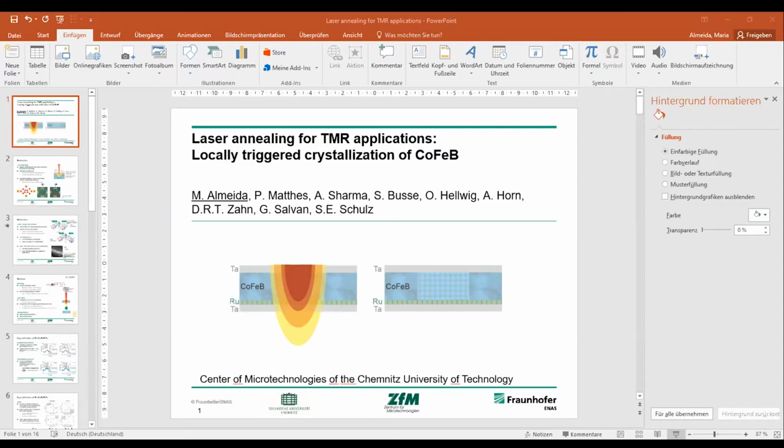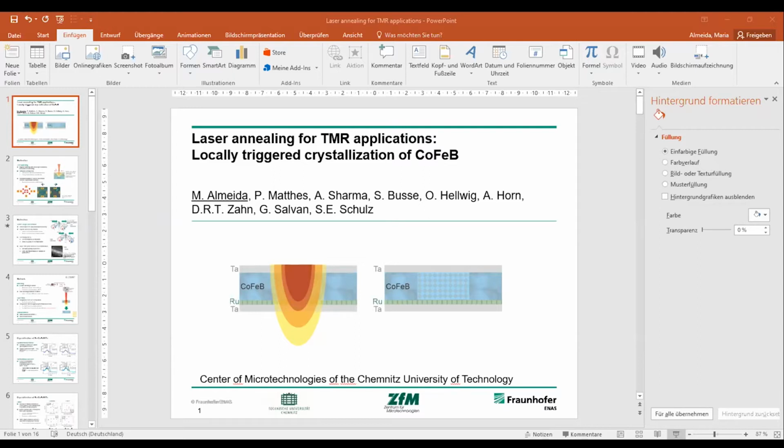Cobalt iron boron is amorphous on deposition, and this is essential so that we have a growth of an MgO barrier with a good 001 FCC crystalline structure. And so this annealing step will then use the MgO crystalline as a template for the crystallization of the cobalt iron boron, so that we have the coherent tunneling that gives rise to large TMR yields.